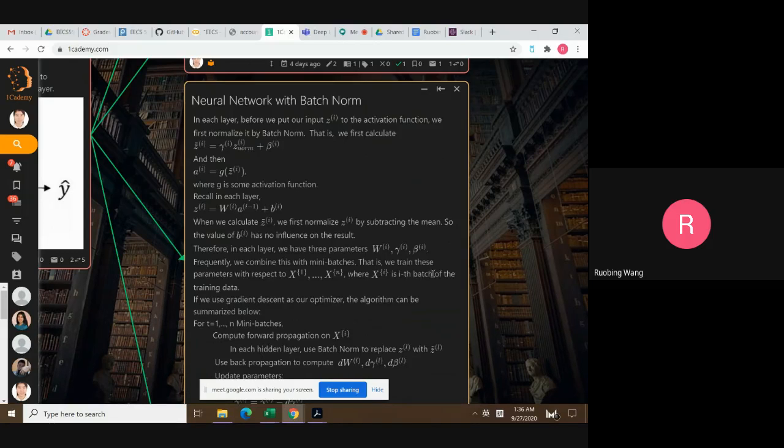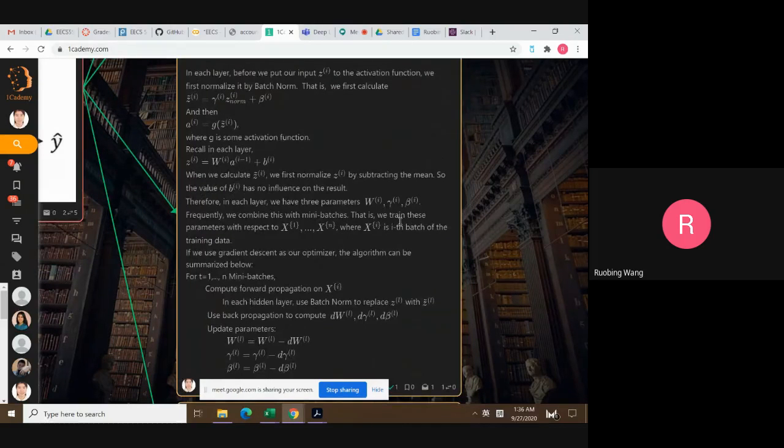Frequently, we combine this with mini-batches. That is, we train these parameters with respect to x1 to xn, where x_i is the ith batch of the training data. If we use gradient descent as our optimizer, the algorithm can be summarized as below. For t equals 1 to n mini-batches, we first compute the forward propagation on x_i.